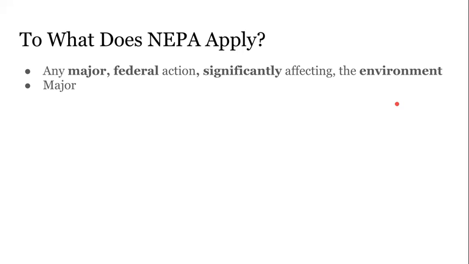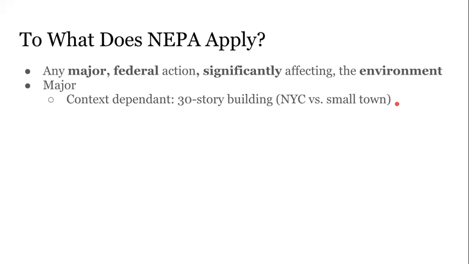What does that mean? Generally speaking, major is context dependent. You see this in the case law, and the simple example provided here is a 30-story building. A 30-story building sounds major to almost everybody. However, in Manhattan, in New York City, is a 30-story building really major?